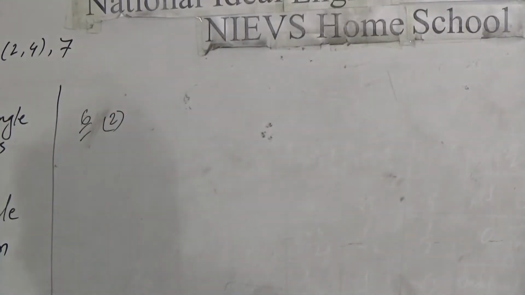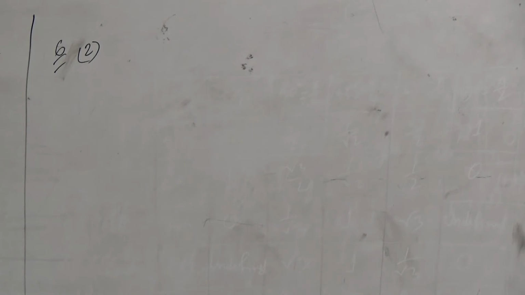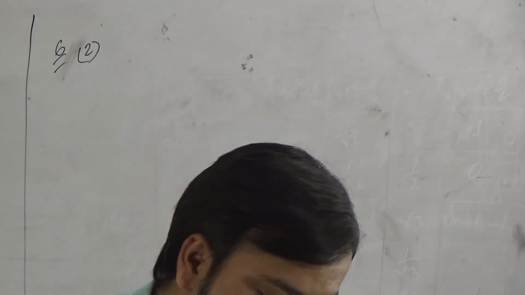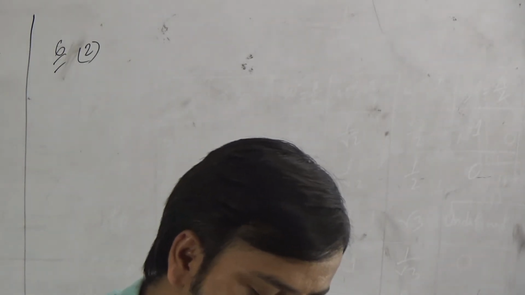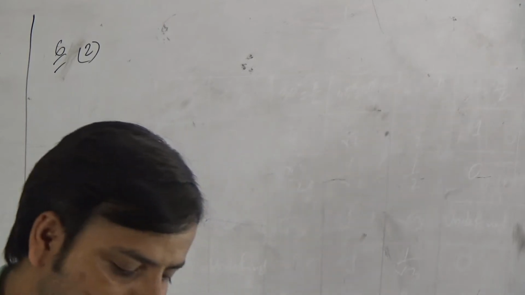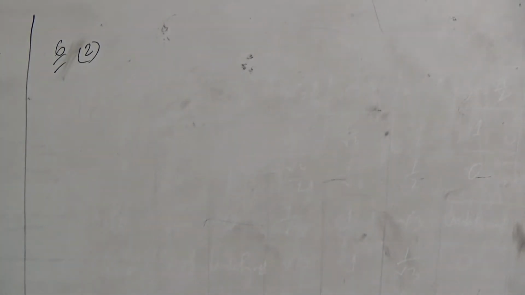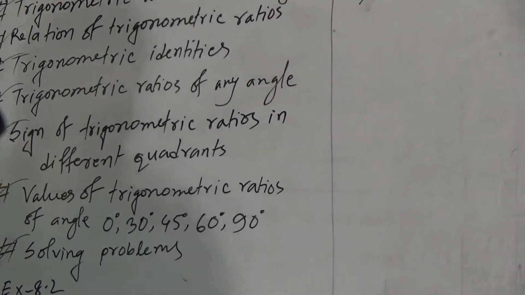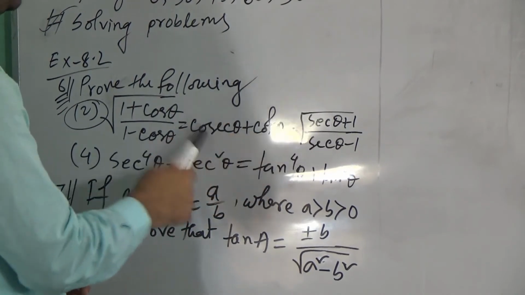Here we need to show that square root of (1 plus cos theta by 1 minus cos theta) is equal to cosec theta plus cot theta, which is equal to square root of (sec theta plus 1 by sec theta minus 1). So this is the first side, this is the second or middle side, and this is the third side. I will show the second side from the first side and the second side from the third side.